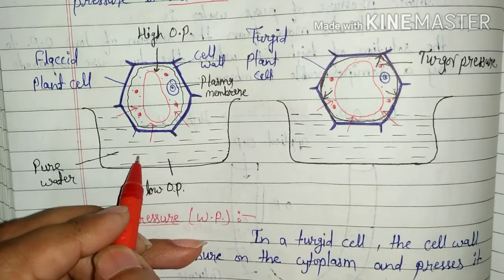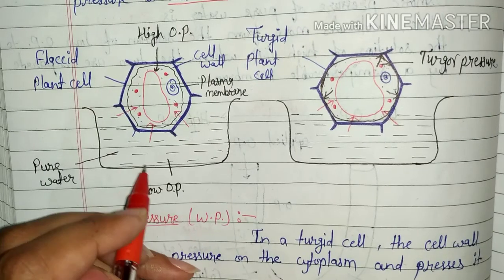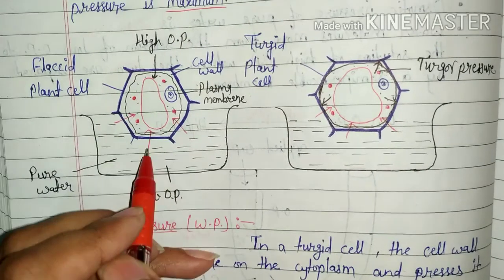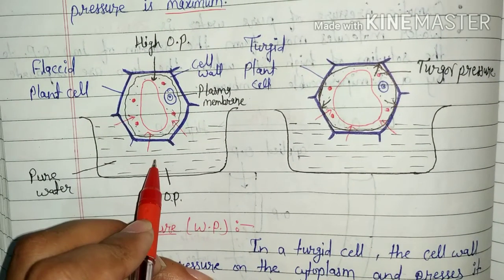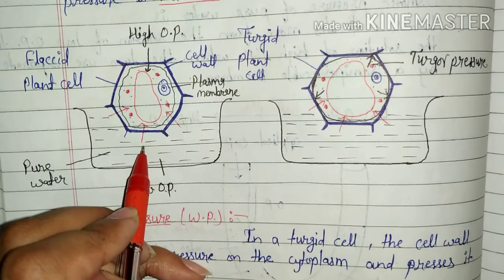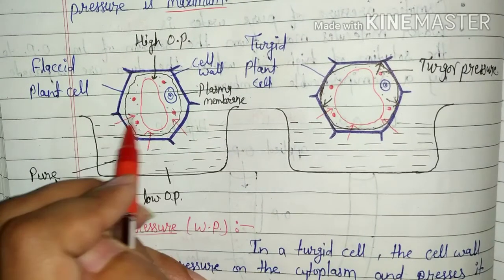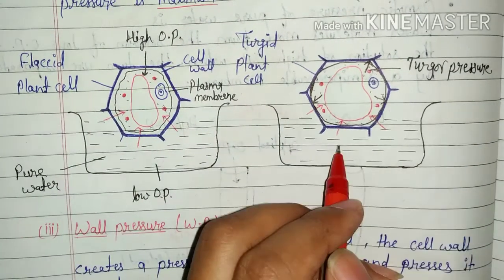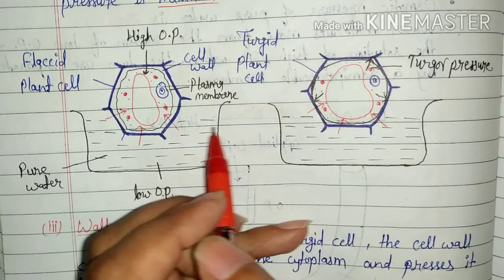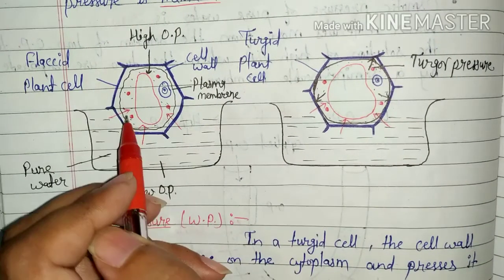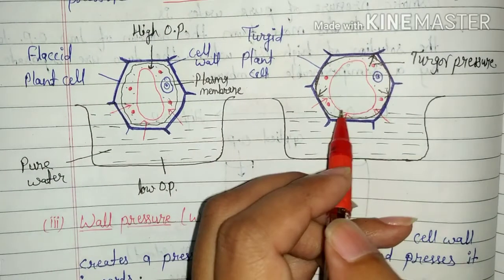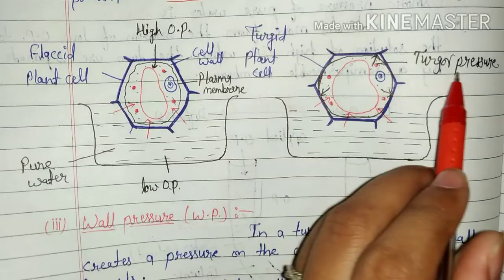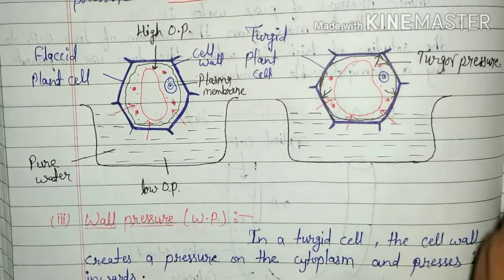Due to this, water moves from low osmotic pressure to high osmotic pressure, which means water molecules move from pure water to the plant cell due to the endoosmosis process. After some time, with continuous flow of water inside the plant cell, it becomes turgid.